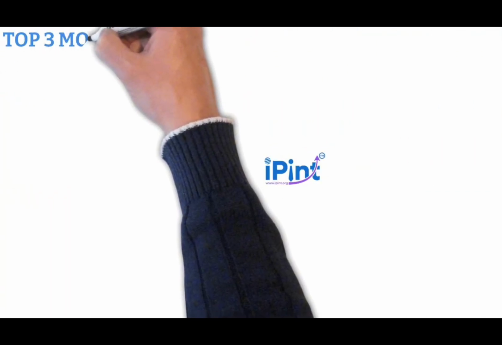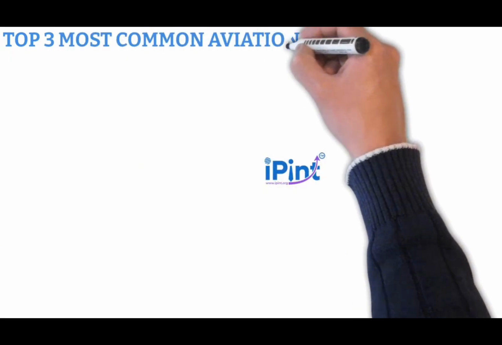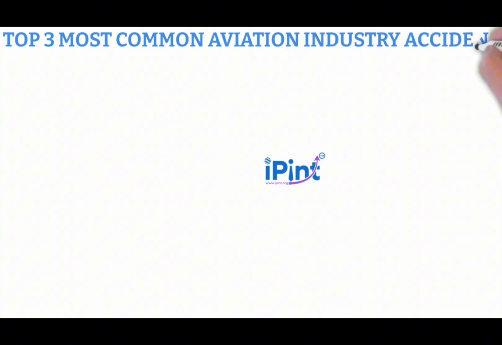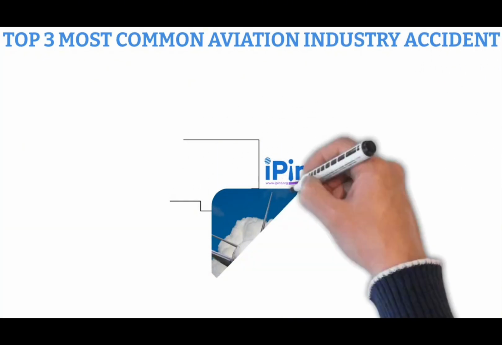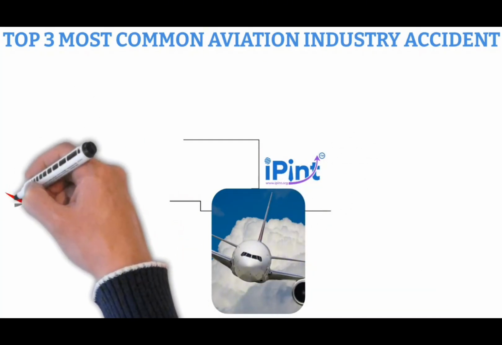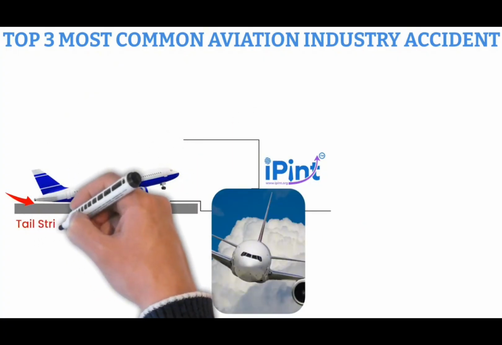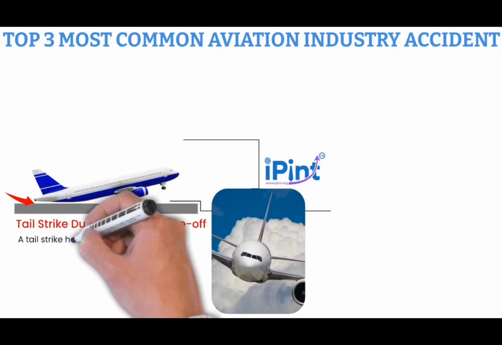Now, we're going to look at the 3 most common accident types in the aviation industry, and more importantly, understand why they happen and what we can do to prevent them. Let's start with number 1. Tail strike during landing or takeoff. A tail strike occurs when the rear of the aircraft makes contact with the runway.